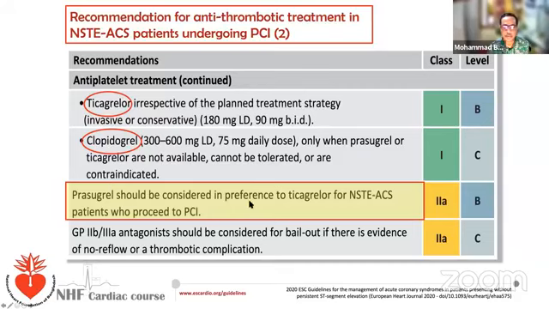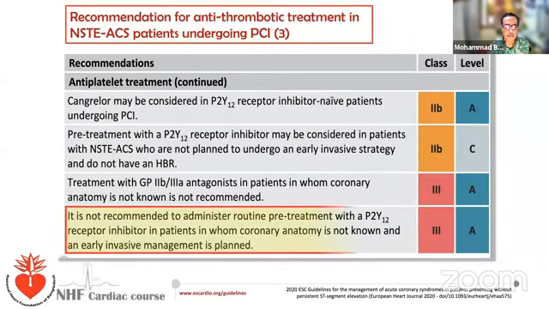And prasugrel should be considered in preference to ticagrelor in patients with NSTE-ACS who are proceeding to PCI. So for a patient who is going to the cath lab for PCI, we should load the patient with prasugrel, not ticagrelor.